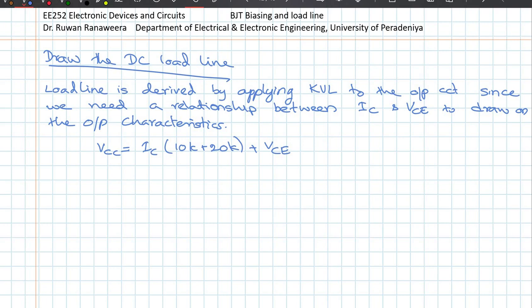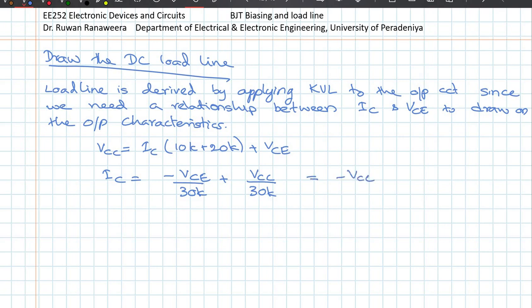So therefore IC is equal to minus VCE divided by 30K plus VCC divided by 30K. So what do we have here?